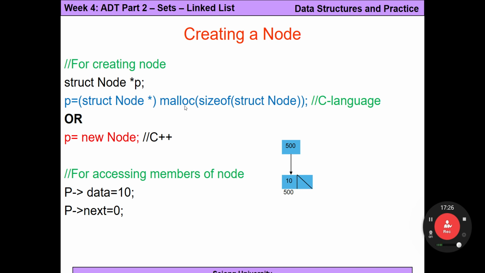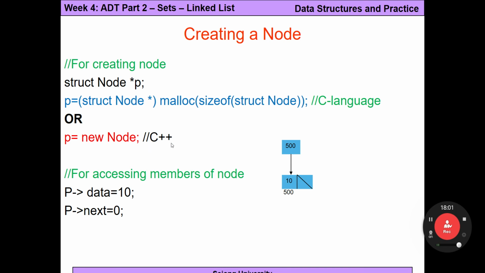As you have already seen in case of C language, we use the malloc function for defining any memory location in the heap. So this is how the node is created by using C language: struct node malloc sizeof struct node. This is how the node will be created by using C language.